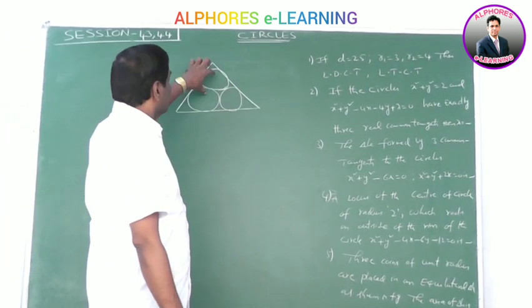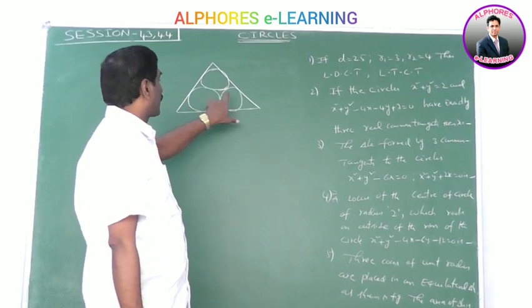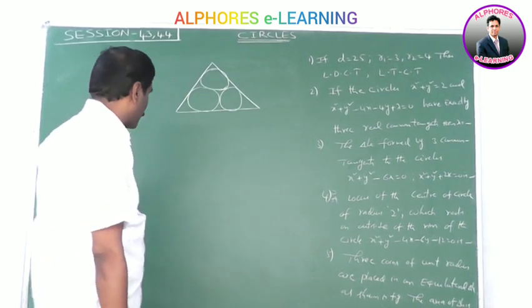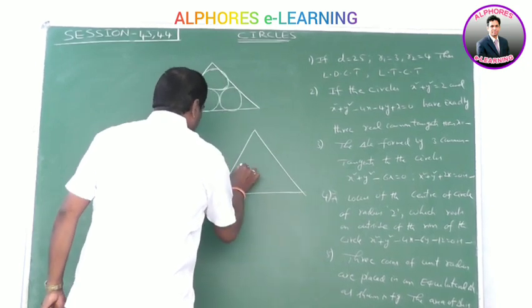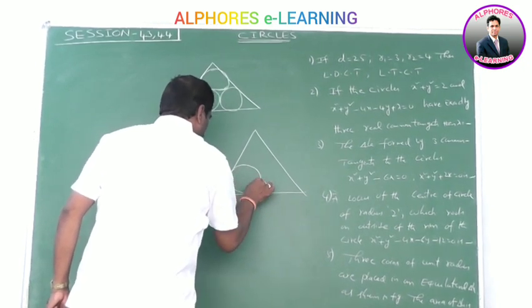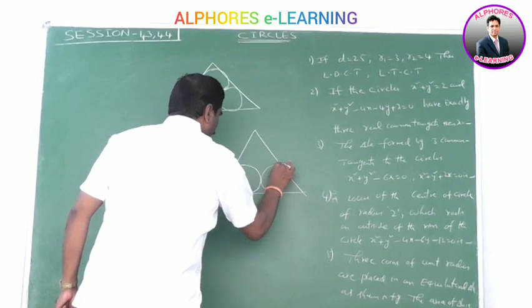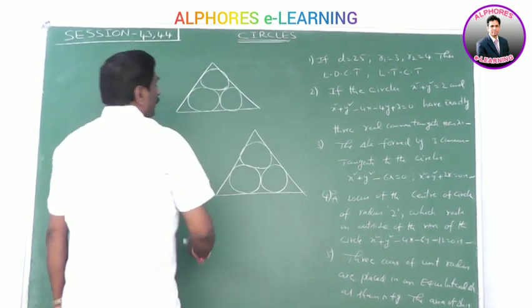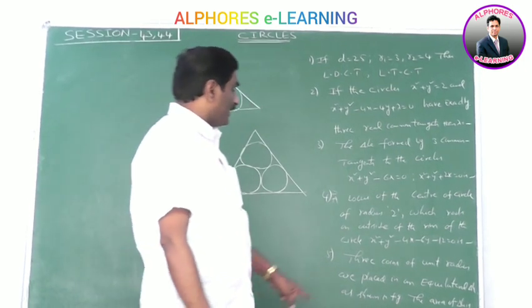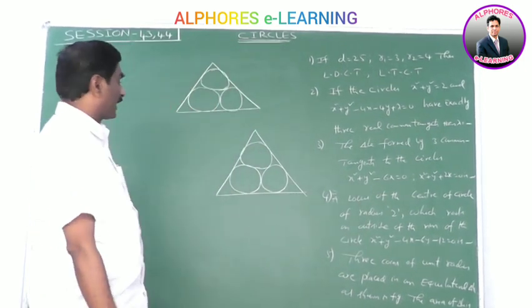The radius of each of these circles is 1 unit. Find the area of that equilateral triangle.